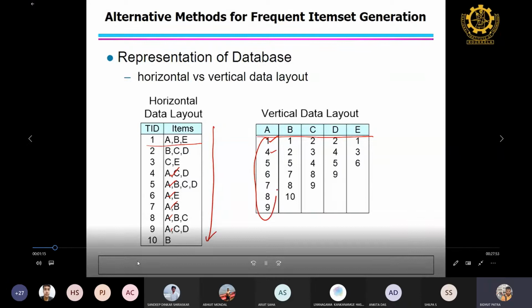So quickly you can count the cardinality, with no need to search each transaction again. You can easily find the number of times the item occurred: 1, 2, 3, 4, 5, 6, 7. So this is 7 times. This is the way.